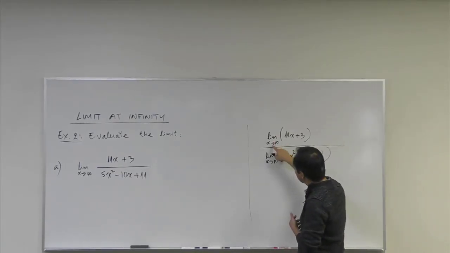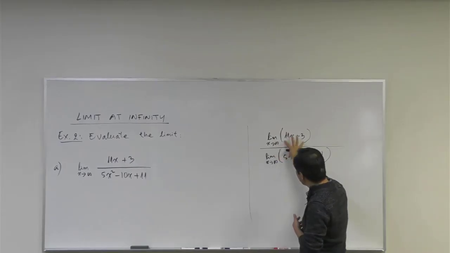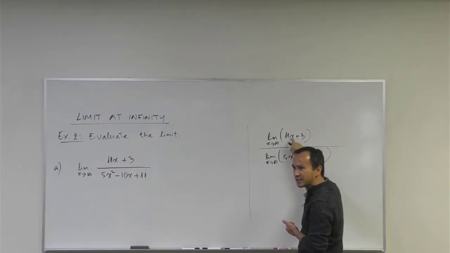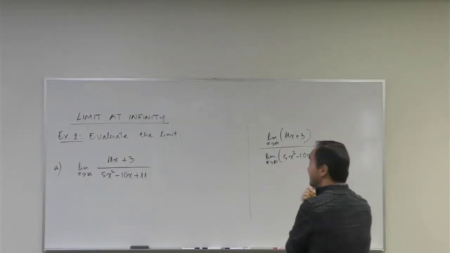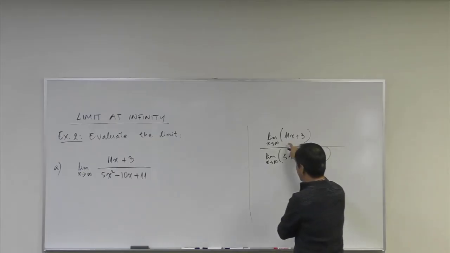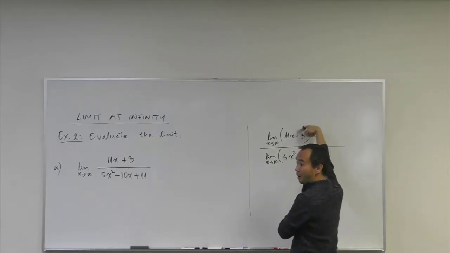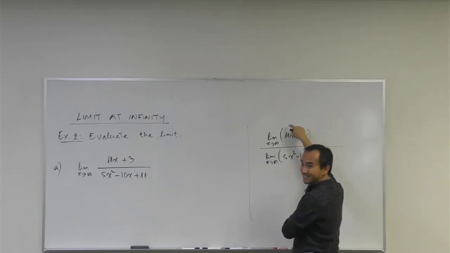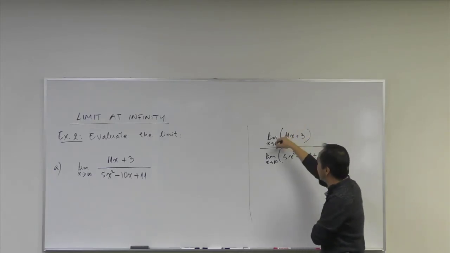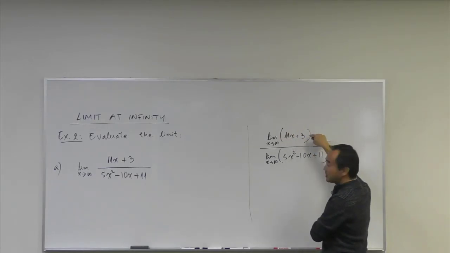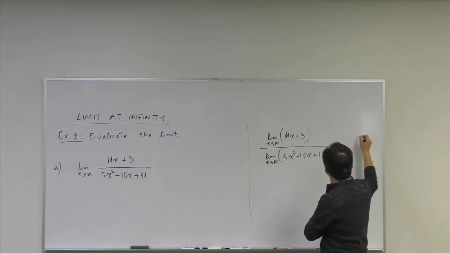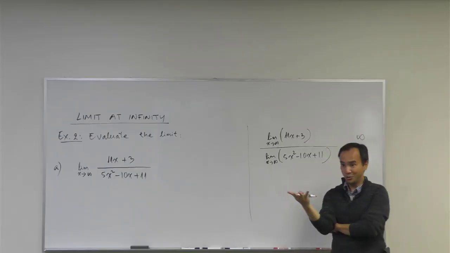Now, if you're looking at the limit as x goes to positive infinity, just focusing on the function 11x plus 3, what kind of function is this? Yes, it's linear. But more generally, we put a linear function into that polynomial class: degree 1, odd degree, positive leading coefficient. So what do you know about the right-hand behavior here? For this function, 11x plus 3, it's going to go to infinity, am I correct? According to what we've learned previously.